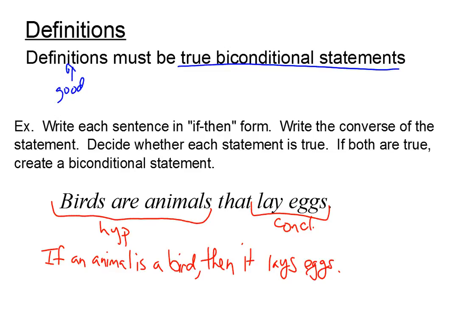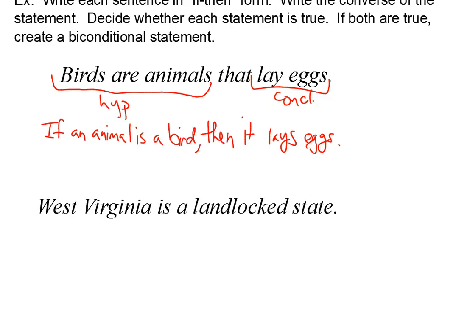Okay. Now, that's the original sentence. I now have to write the converse. Well, the converse would be if an animal lays eggs, then it is a bird.